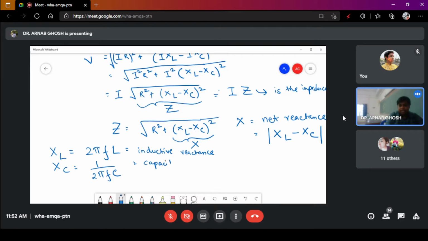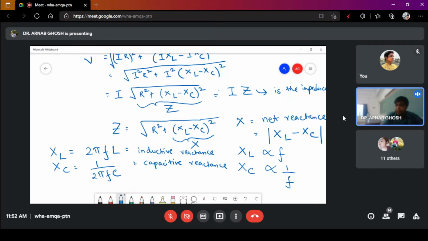From this you can see that XL is directly proportional to F, so as frequency increases, XL increases, and XC is inversely proportional to F. So as the frequency goes on increasing, XL goes on increasing and XC decreases.